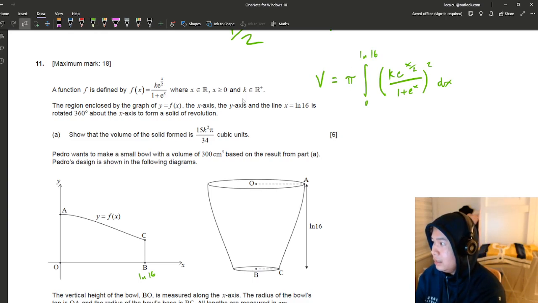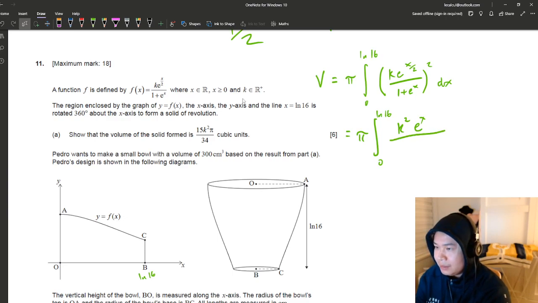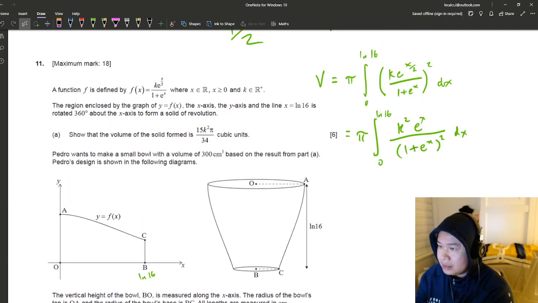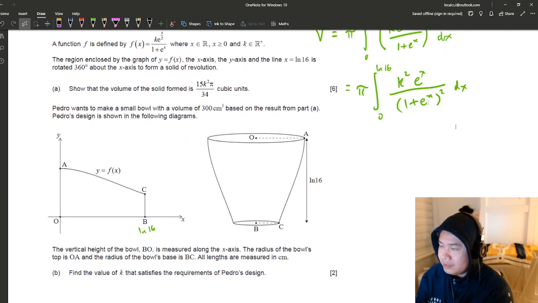So let's see. I'm gonna square the actual function itself, because then I'll have in the numerator k squared times e to the power of x, and then down below I'm not going to actually expand it because we can make a u substitution, since the derivative of 1 plus e to the x is e to the x.